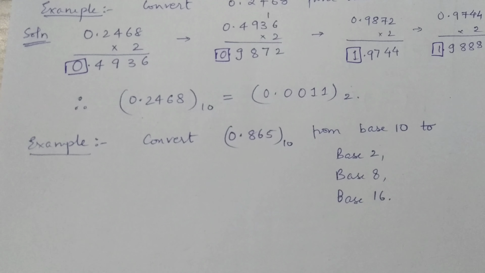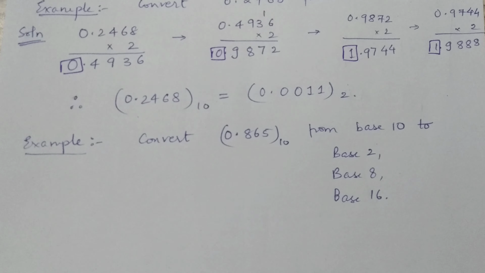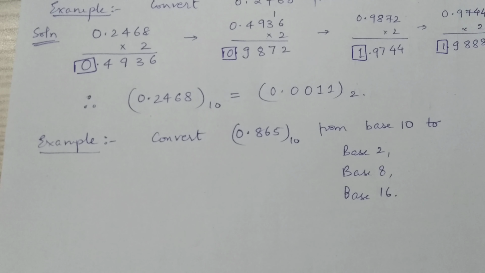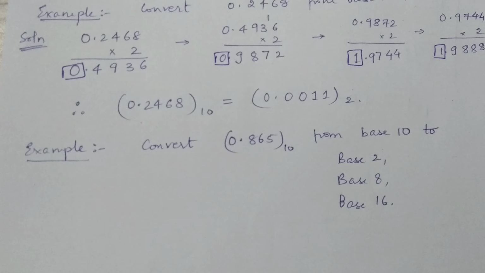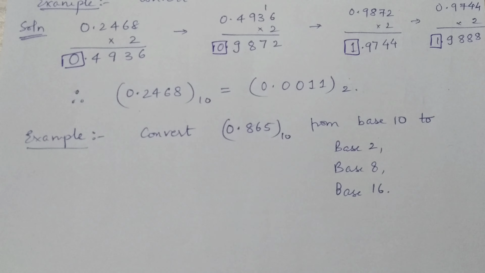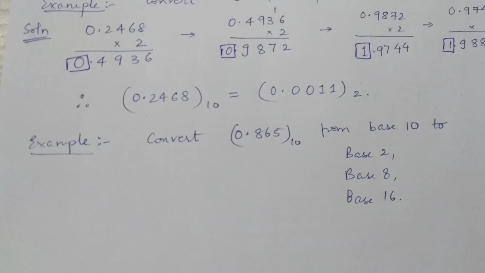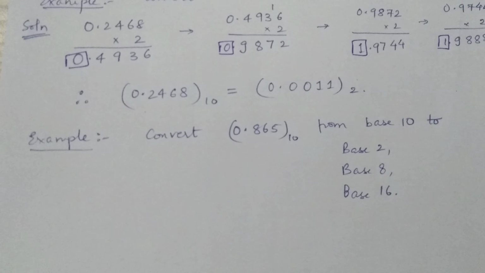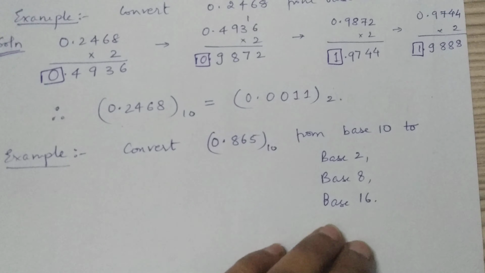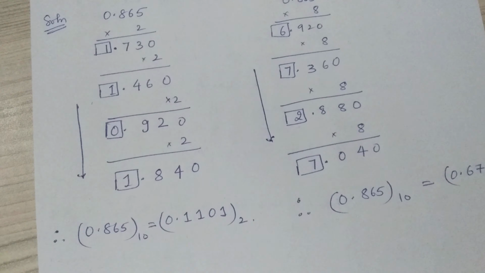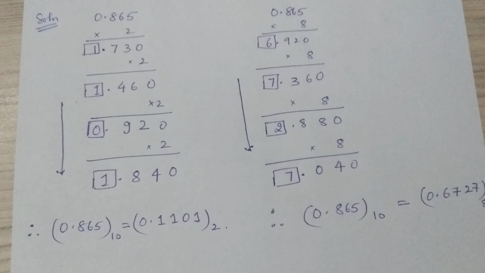Similarly, take another example. Convert 0.865 from base 10 to base 2, base 8 and base 16. That is, this is a decimal fraction and we are converting it into binary, octal and hexadecimal. Following the same procedure, let's look at how we have done this particular sum. Now the solution is in front of you.